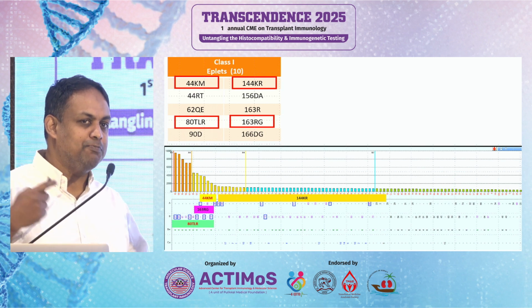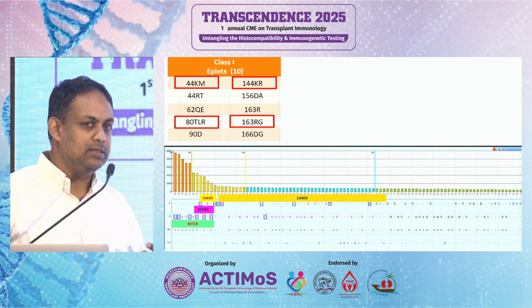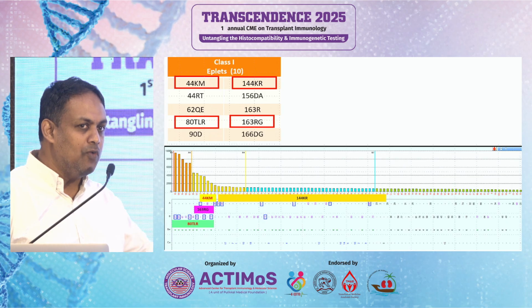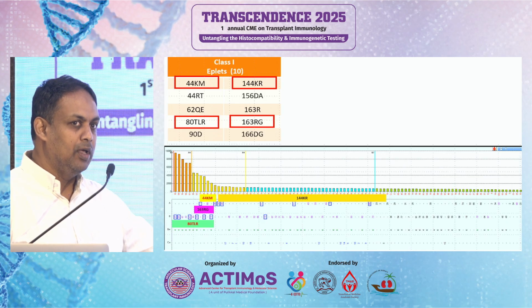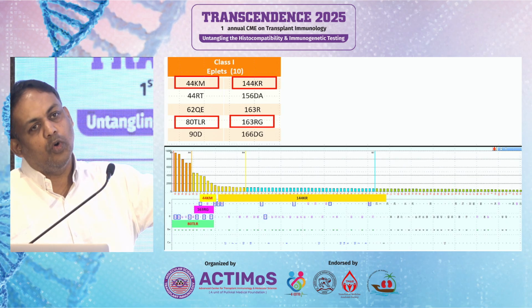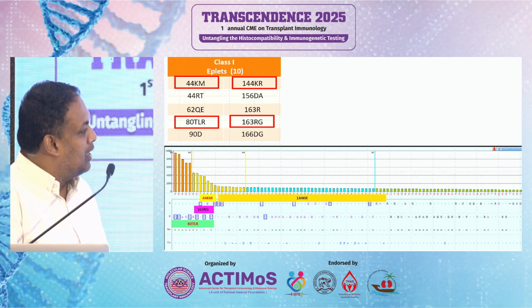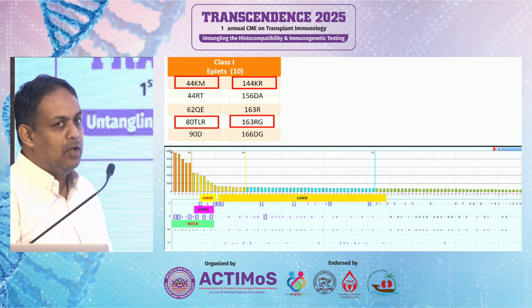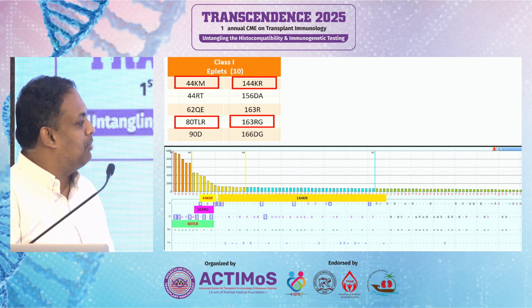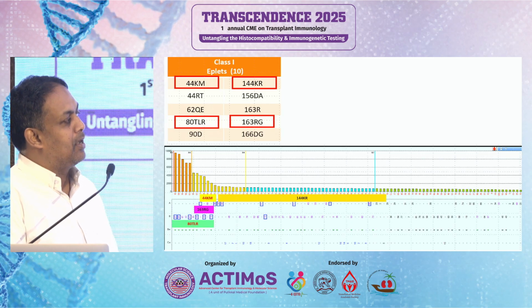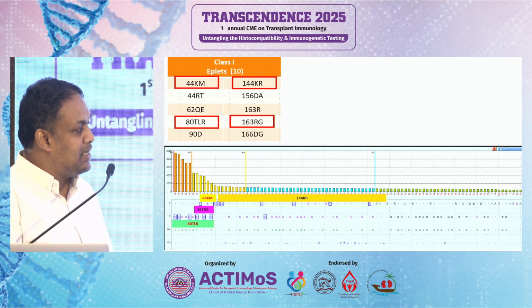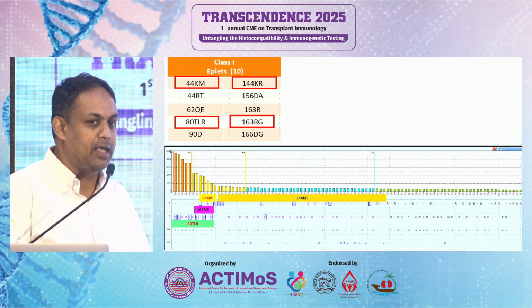So this is how we expand the donor pool, just like Siddharth discussed in the morning. You know which epitopes you should avoid. If you are going to avoid everybody, you are not going to transplant this patient. Suppose I am calling a cutoff here where I have got 44KR, that is going to land you in trouble. Because if you look at 44KR, it doesn't have that reactivity, so I would ignore these antibodies even if it is a higher MFI.